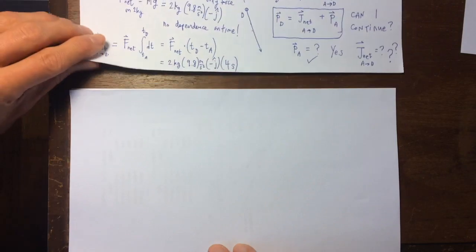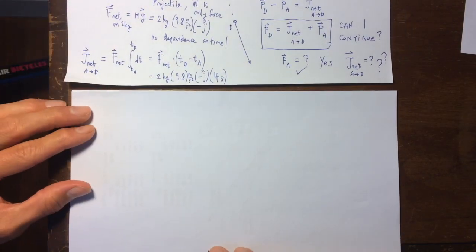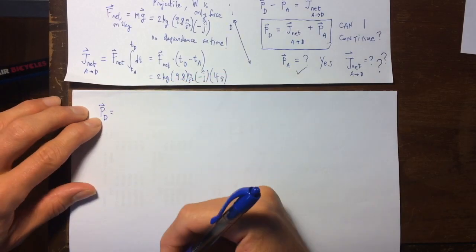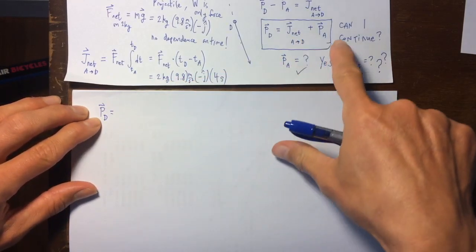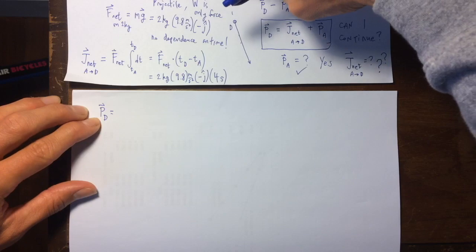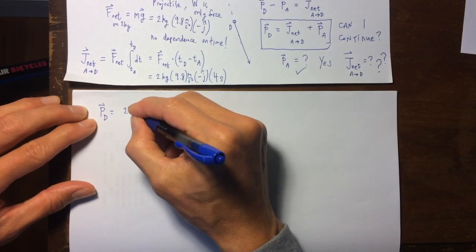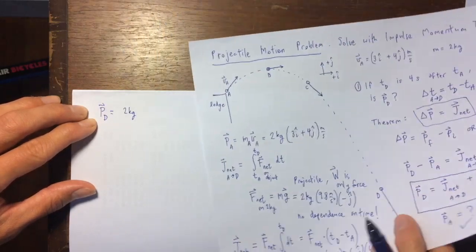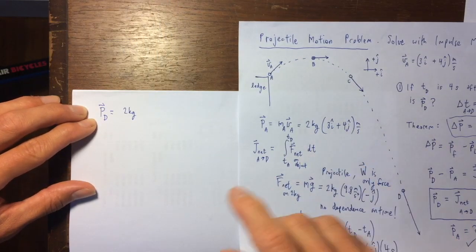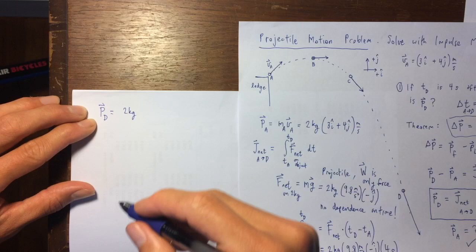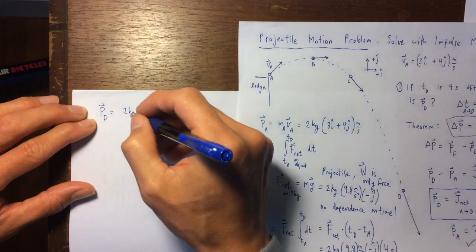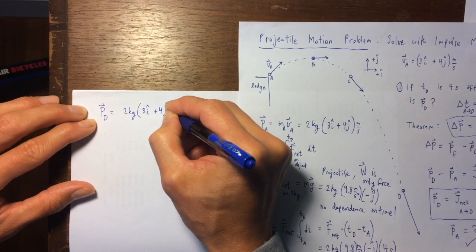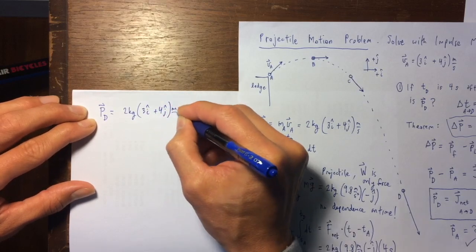Let me pull the paper down. You can kind of see where we were left off. So our goal is P sub D, but we know P sub A is easy. We just wrote it here. It's 2 kilograms times that initial velocity, or the velocity at time A. So it's 3 I hat plus 4 j hat meters per second.